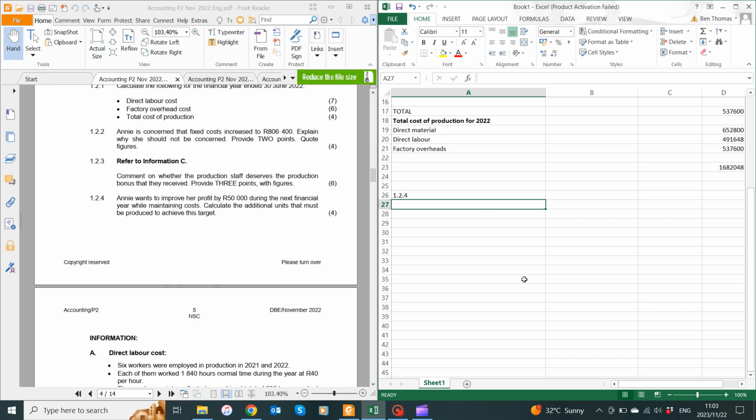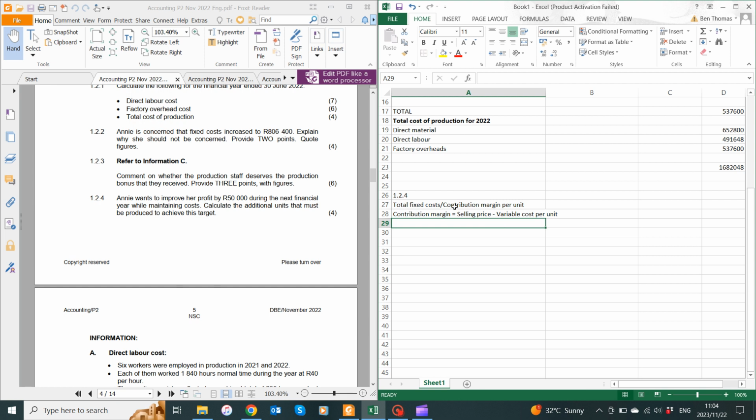Your break-even point formula is usually total fixed costs, I'll actually put it down here, divided by your contribution margin per unit. Okay, and if you have forgotten, contribution margin per unit is equal to your selling price minus variable cost per unit.